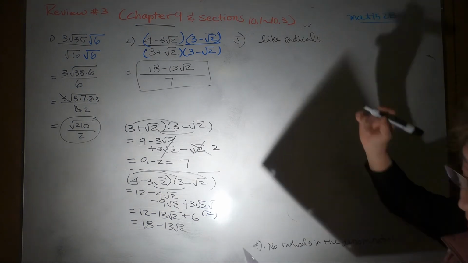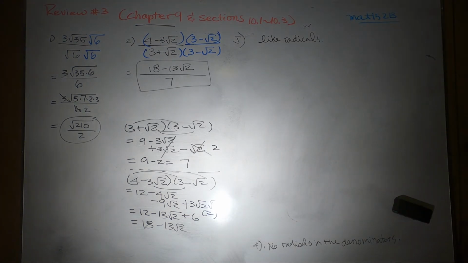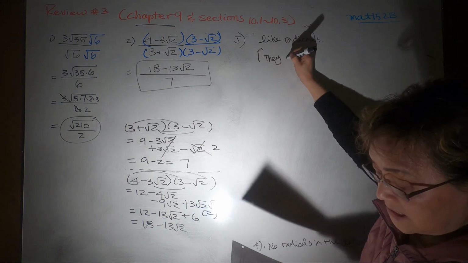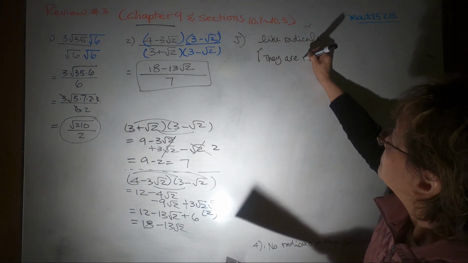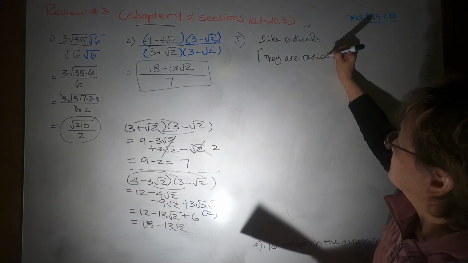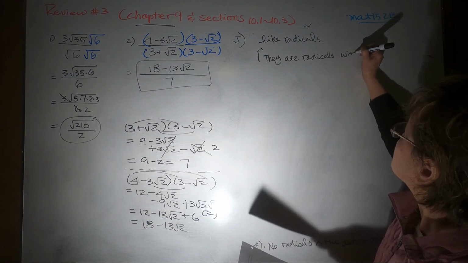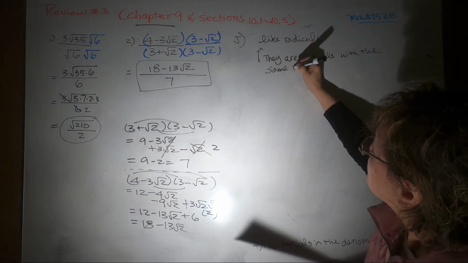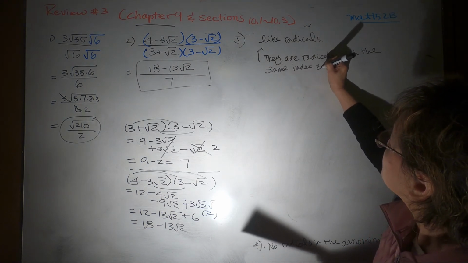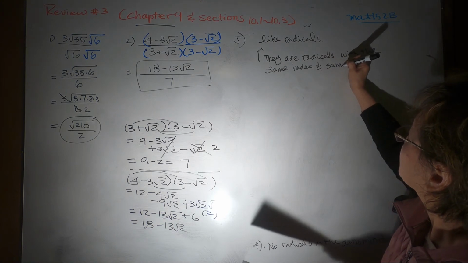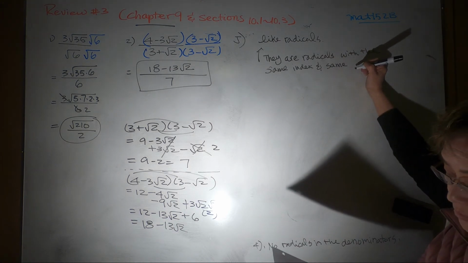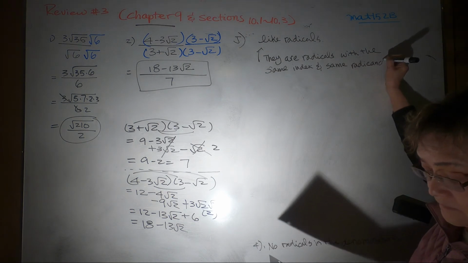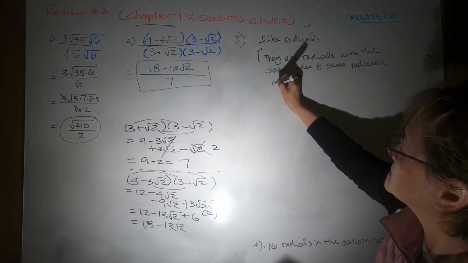Then what are like radicals? That means the radicals, okay, with the same index and same inside, right? So inside we'll call them radicand. So let's take a look.